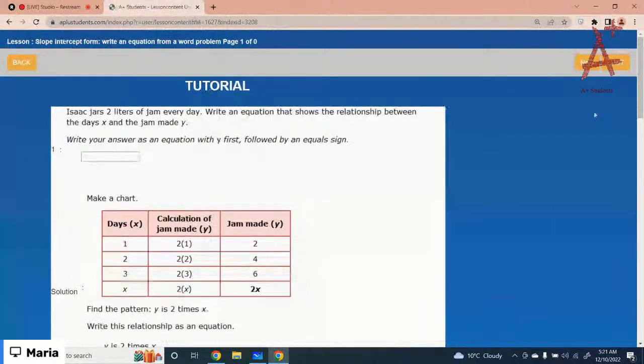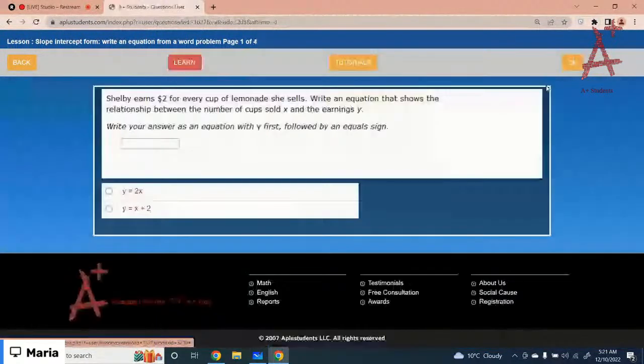Okay, let's just start with the test. Shelby earns $2 for every cup of lemonade she sells.